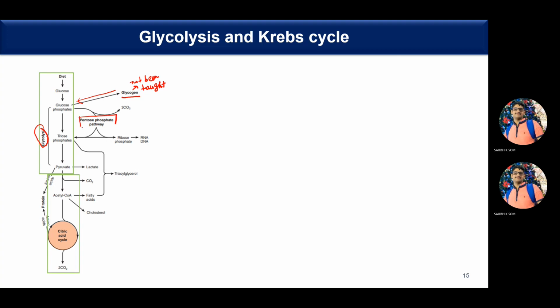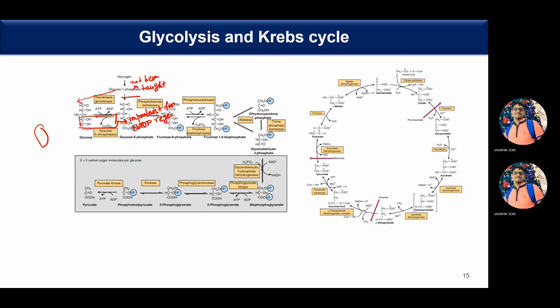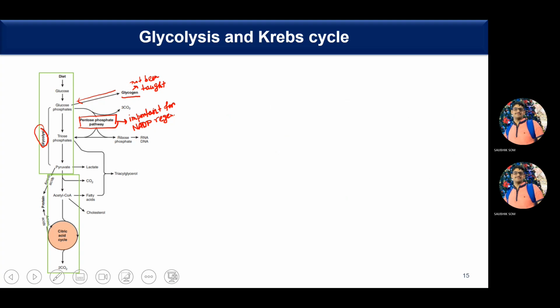Then there is the pentose phosphate pathway. This is important for NADPH regeneration. Whether NADH or NAD or NADP, NAD needs to be regenerated because in the cycles, NAD is converted to NADH plus H plus.